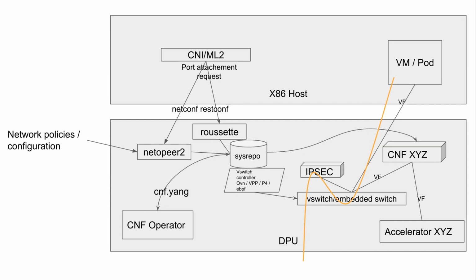Asking those CNIs, which are strengthening their message that you can use the same CNI on-prem, off-prem, on cloud, and all kinds of things, is a question that we cannot answer unless some CNI vendor comes and says they are willing to take this API.